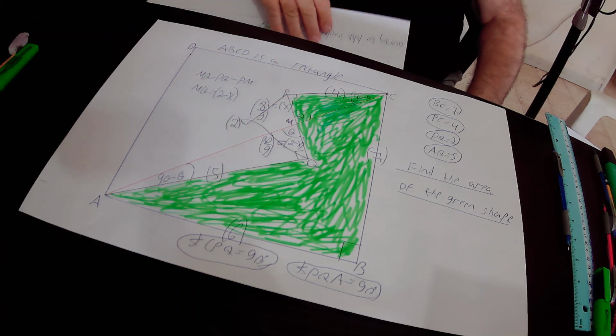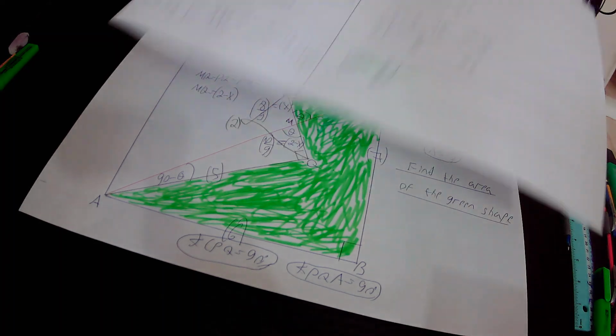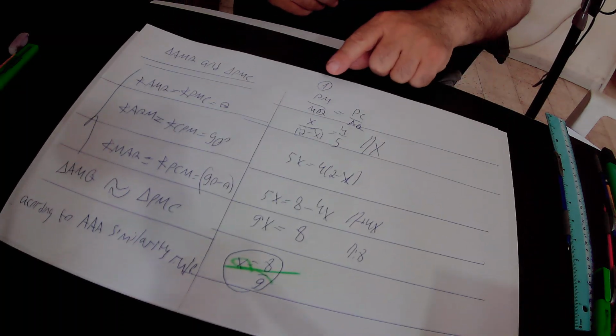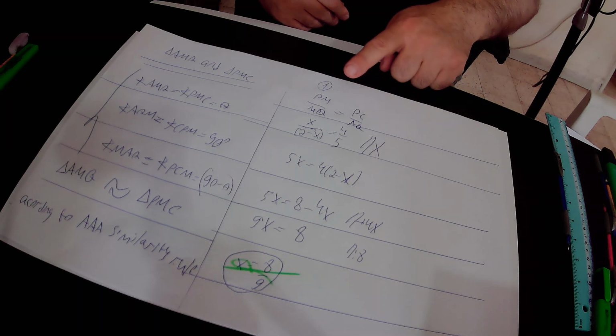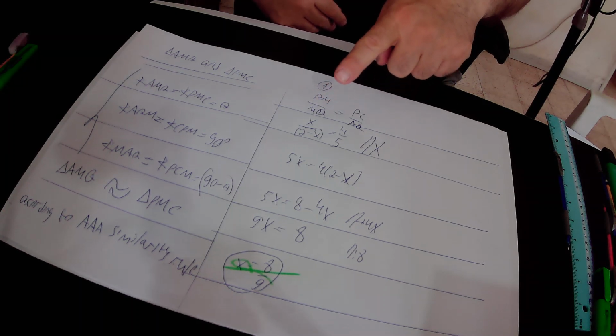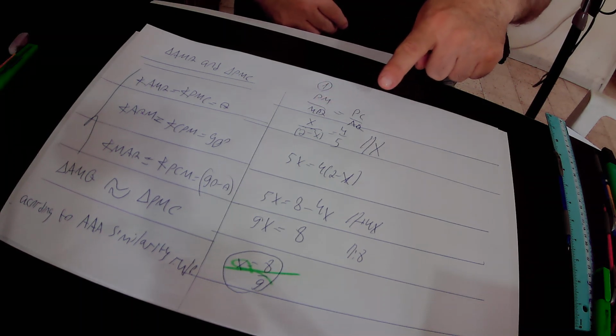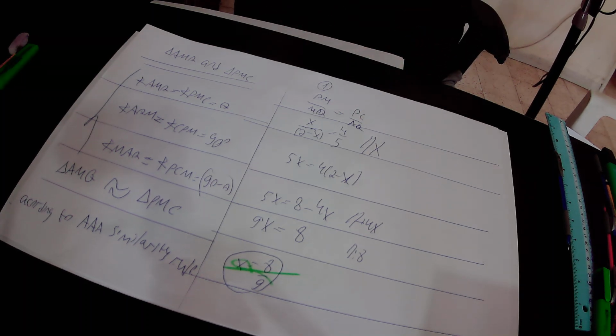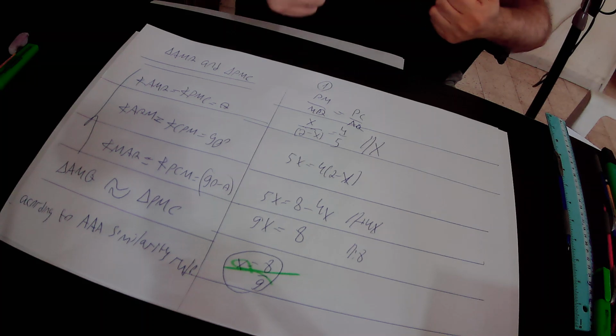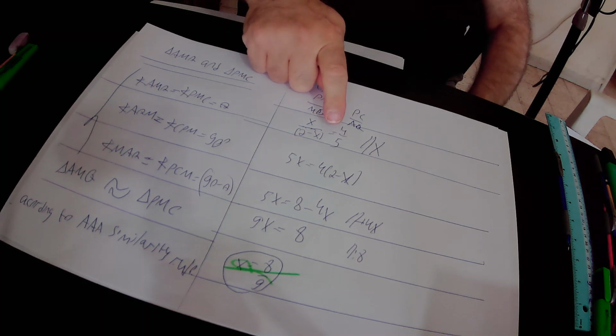I repeat again, PM over MQ equals PC over AQ. PM is x, MQ is 2 minus x, PC is 4, and AQ is 5. So in conclusion, we found that x over 2 minus x equals 4 over 5.